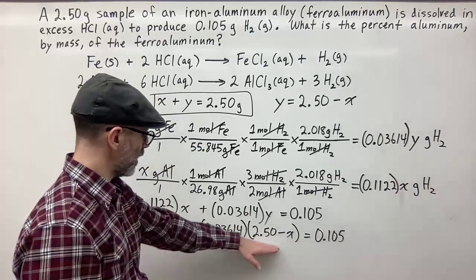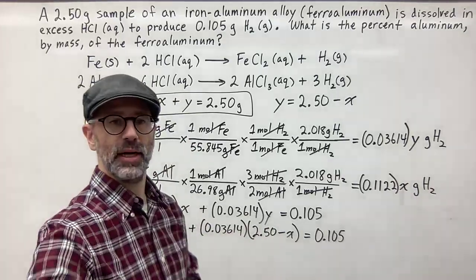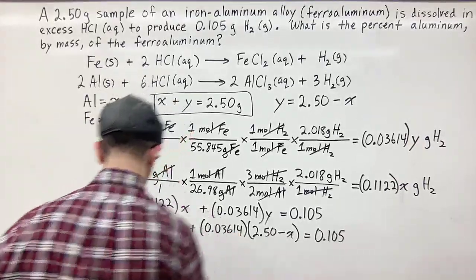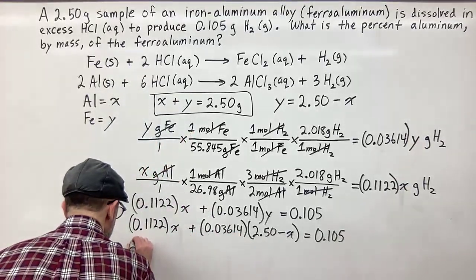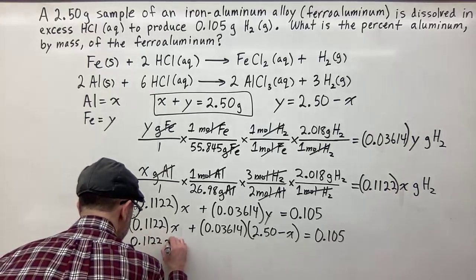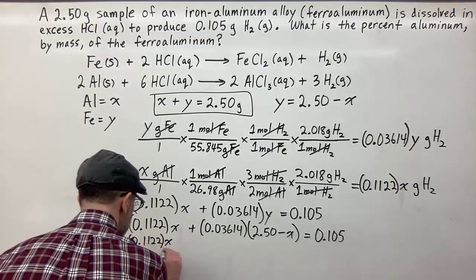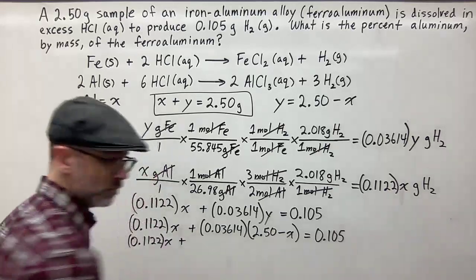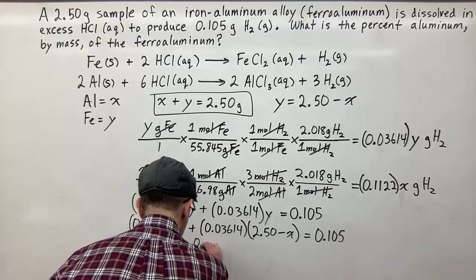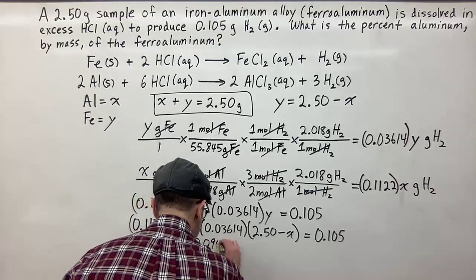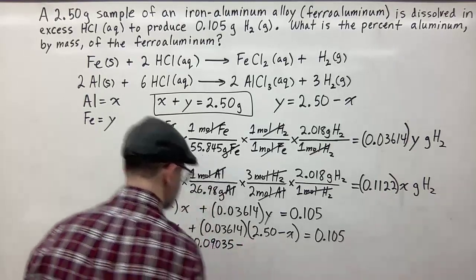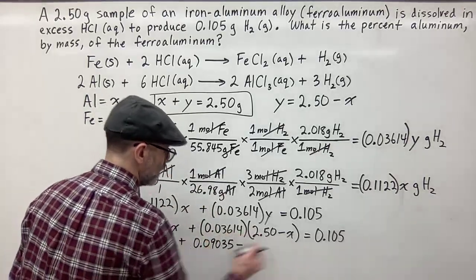When I multiply these together, I get 0.09035. So this is going to be 0.1122x plus 0.09035, minus, and then this times x.